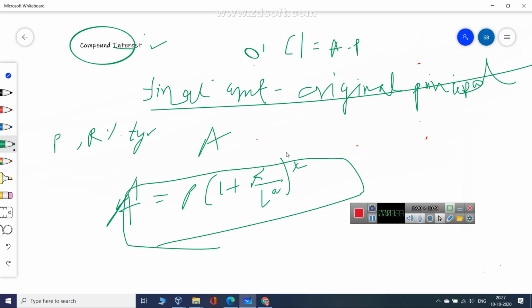Now A equals this one. Let me create a new whiteboard.